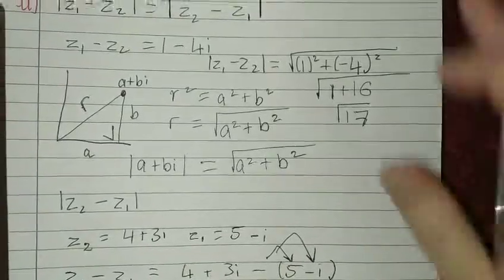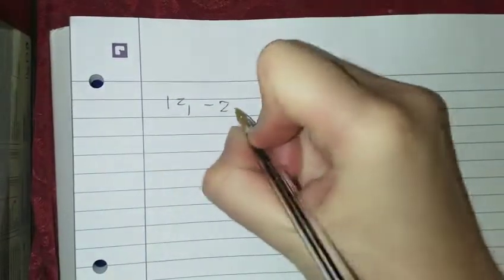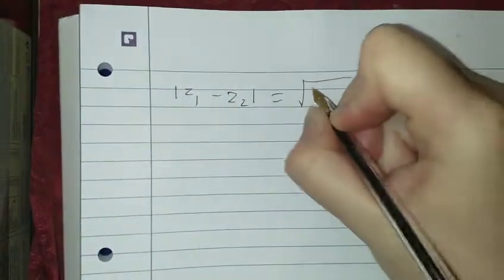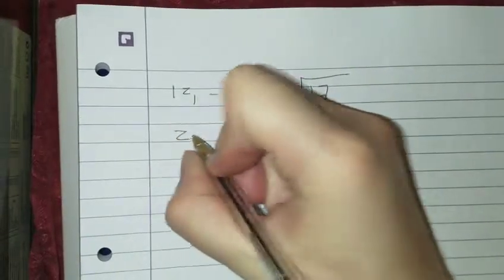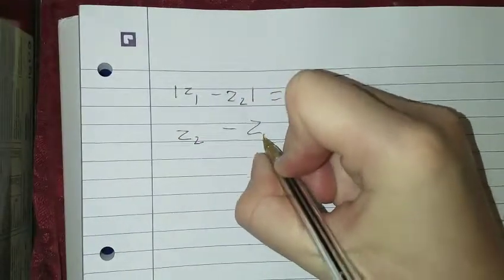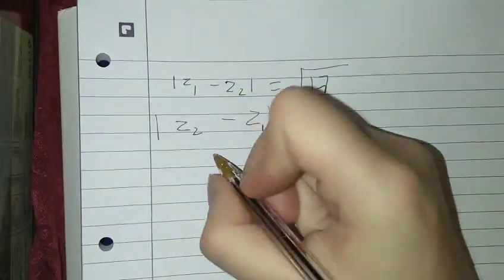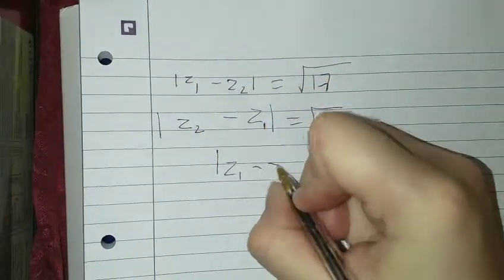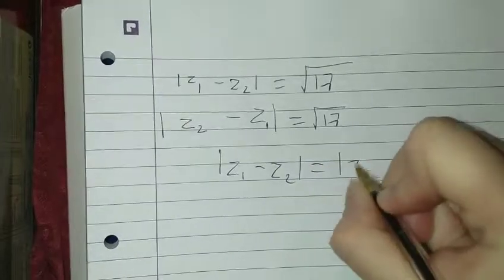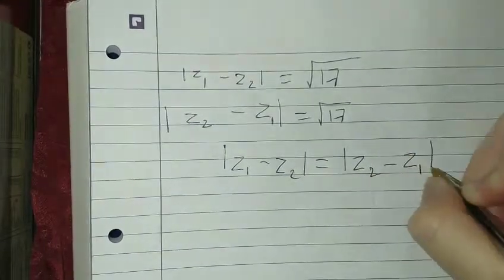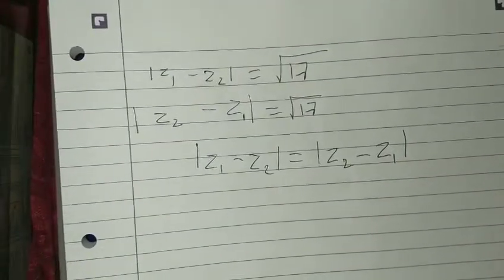And we already got that, so I'll just write on the next page. So we got that the modulus of z1 minus z2 is the square root of 17, and the modulus of z2 minus z1 is the square root of 17. So therefore the modulus of z1 minus z2 is equal to the modulus of z2 minus z1.